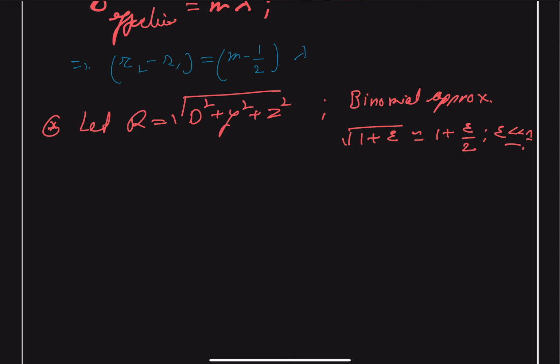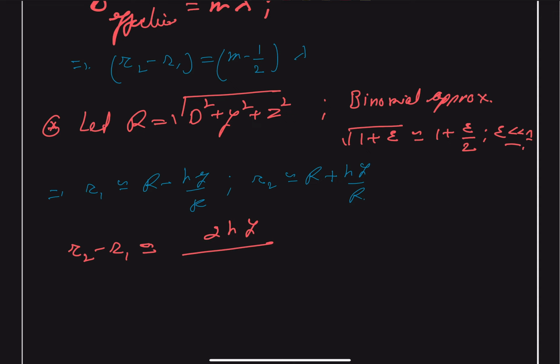Therefore we can write that R1 is approximately equal to R minus hy by R, and R2 is approximately equal to R plus hy by R. So R2 minus R1 approximately comes as 2hy divided by square root of d square plus y square plus z square.